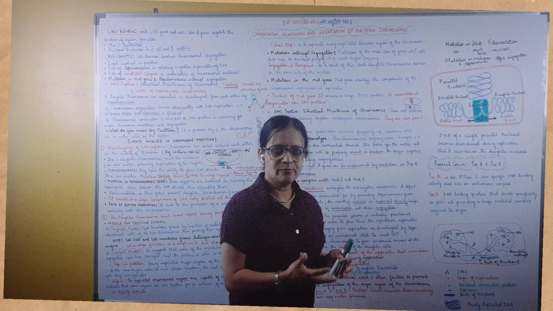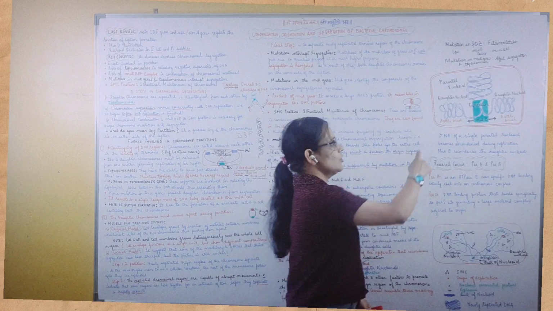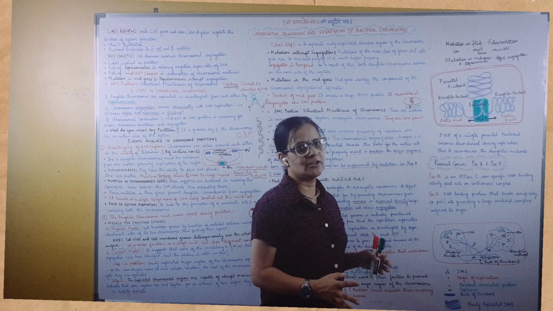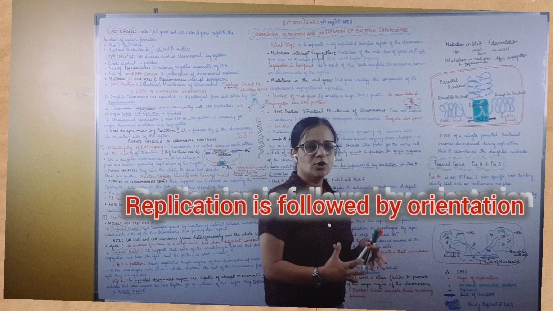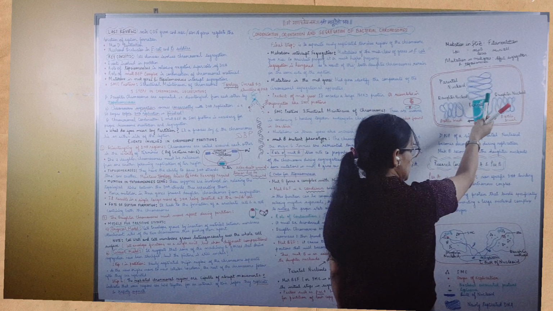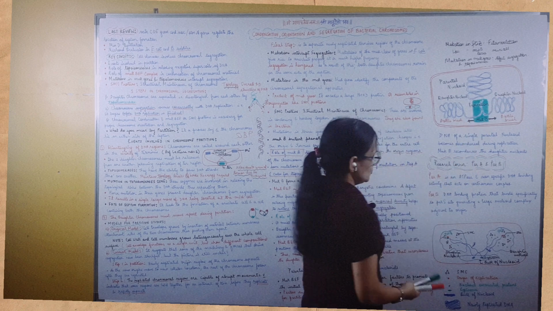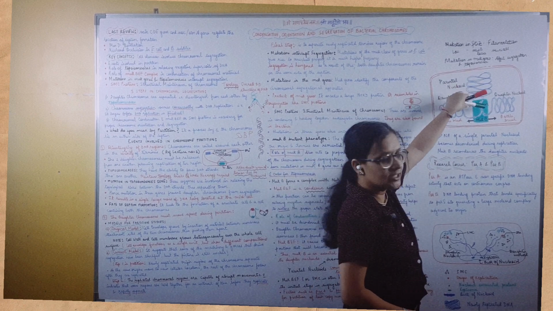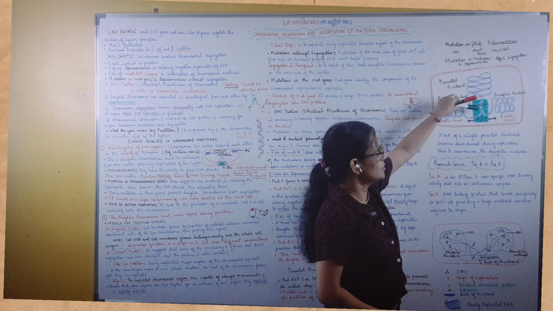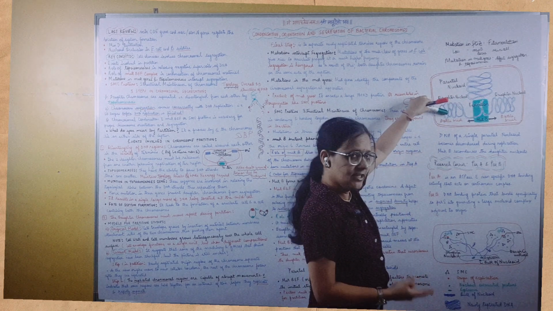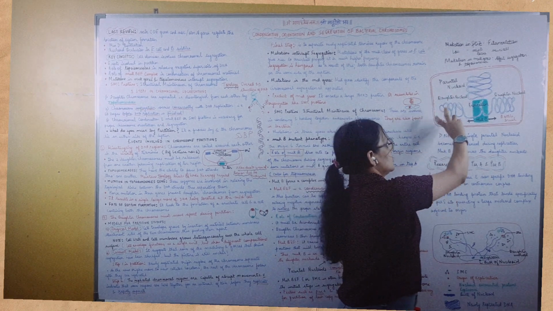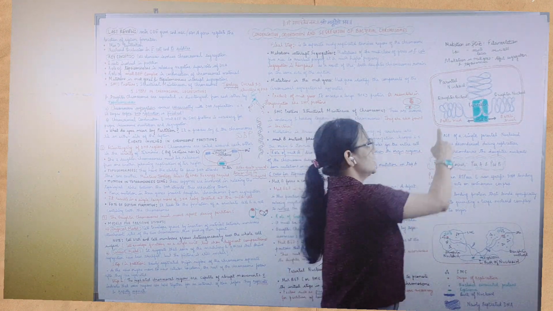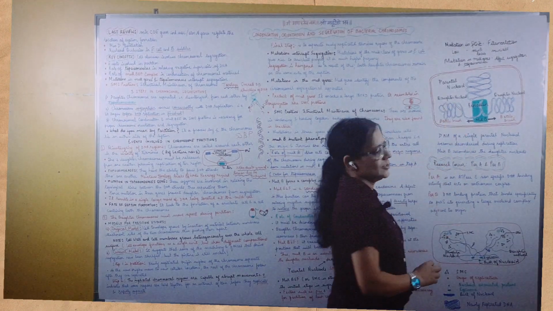As soon as they are replicated, they need to be oriented, they need to be condensed, and then they are segregated. Otherwise, again, it will lead to a complex entanglement. You initially have decondensation, you can say, that is the genetic material is decondensed so that it gets replicated. After replication, it is again recondensed. After recondensation, or you can say simultaneously, the recondensation and orientation take place.